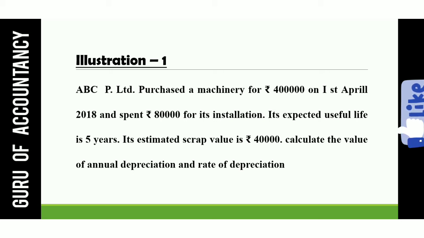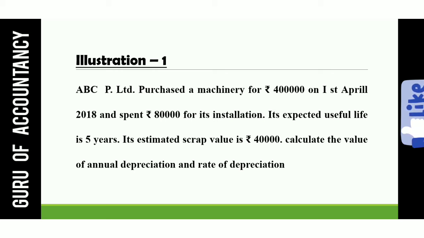So dear student, remember all the expenses incurred on the purchase of assets till the installation of the assets are added to the cost of the asset. So here machinery is purchased for 4 lakh rupees, but 80,000 is spent on its installation. So it will be added into the cost of machinery.